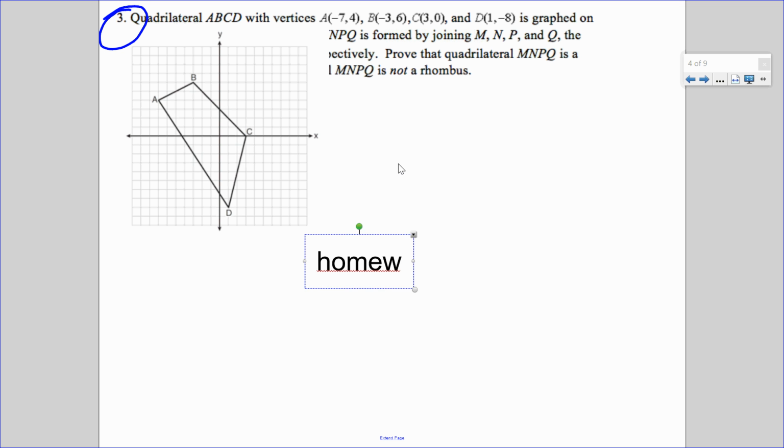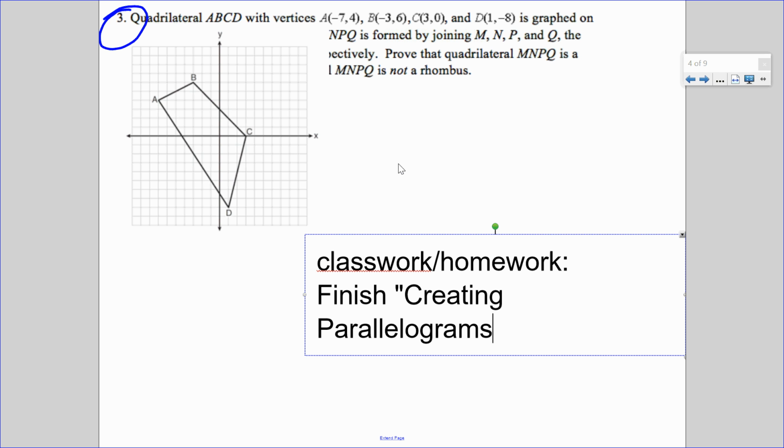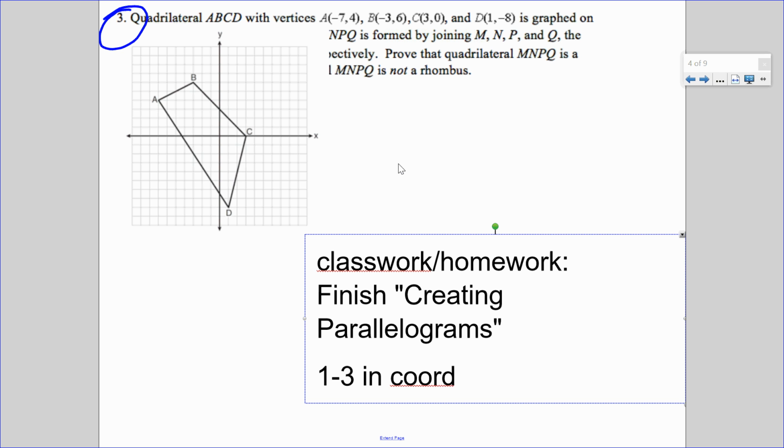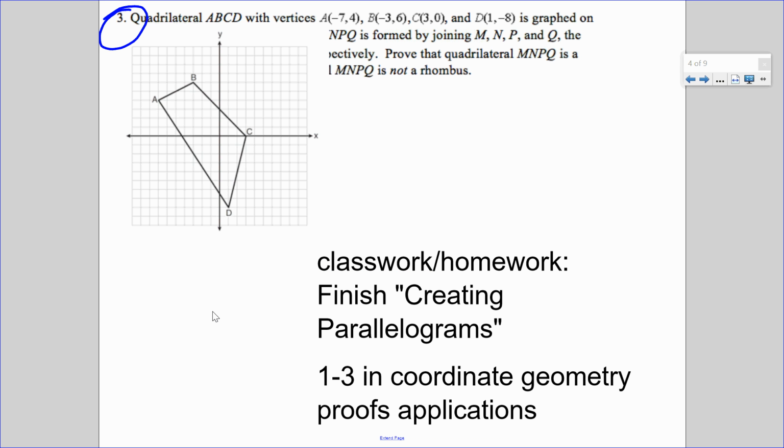Your classwork / homework is to finish creating parallelograms, and then just 1 through 3 in coordinate geometry proofs applications. We're going to continue this tomorrow. We're going to finish the rest of this packet.